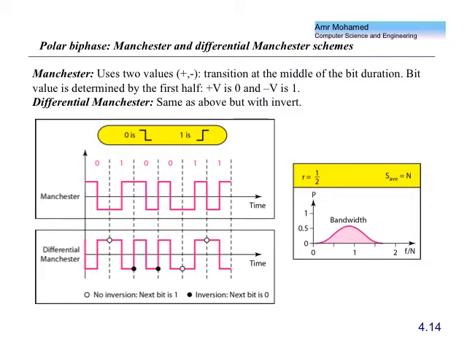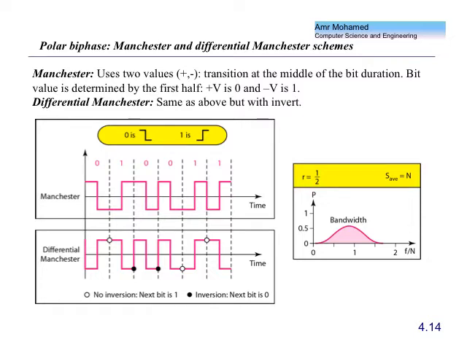And by changing the phase, actually this is a very smart and simple idea. So baseline wandering is not there, DC component is not there, self-synchronization is there, is good, okay? But the only problem here is the bandwidth.